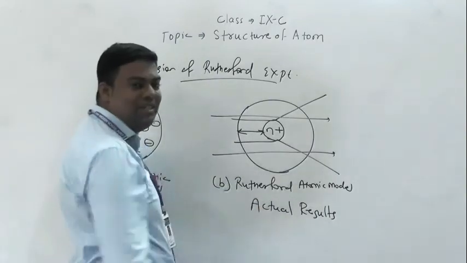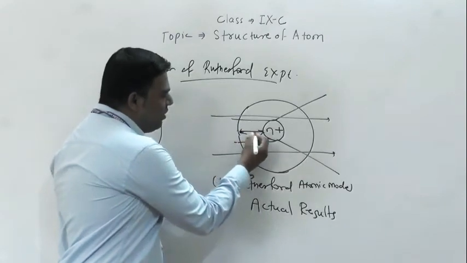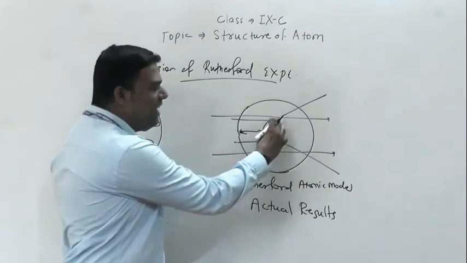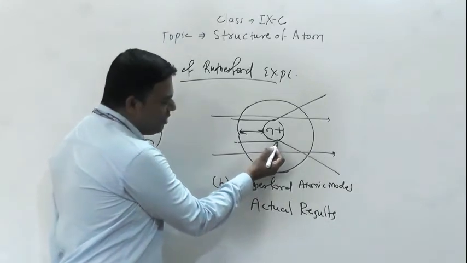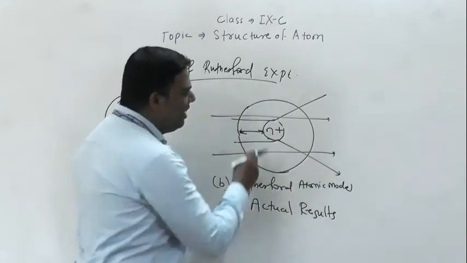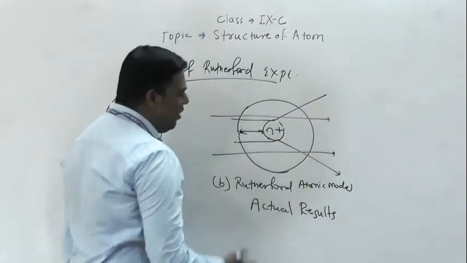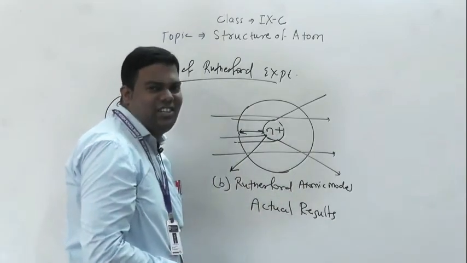Your actual atom is like this, one atom. Here is the hard mass, where alpha completely rebounds. Here is the shell, or energy level, where alpha has small deflection. Suppose it strikes here, then it gets a 90-degree deflection.